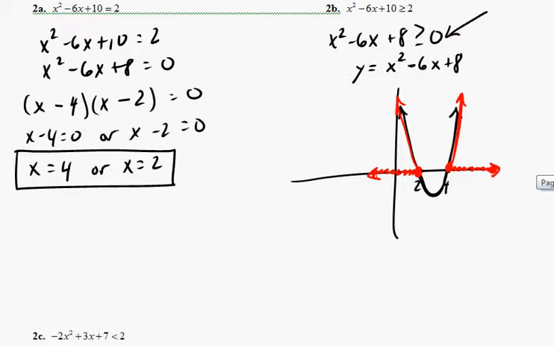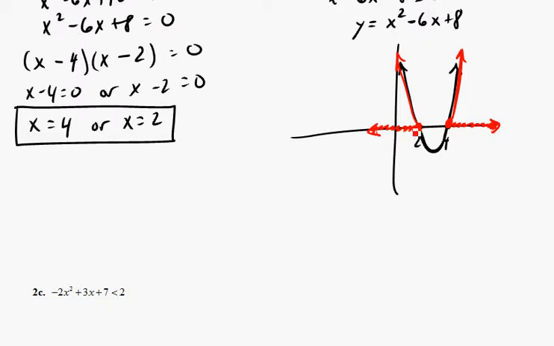So I'm going to use this graph to figure out how to write a compound inequality. And we need a compound inequality to represent these two regions put together. So first of all, the numbers to the right of 4 would be x is greater than or equal to 4. And these numbers to the left of 2 would be x is less than or equal to 2.